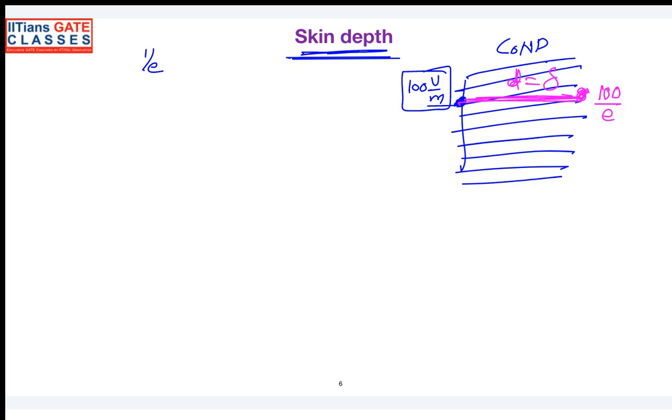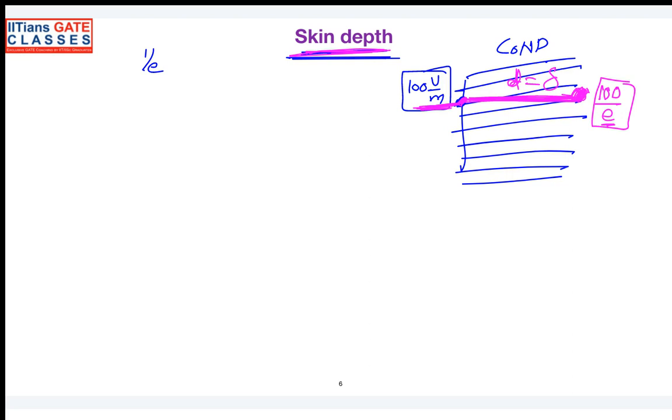So the skin depth represents the distance traveled by the wave inside a conductor such that your electric field at that point becomes 1 by E times of your initial field. Here your initial field is 100 volt per meter. After traveling 1 skin depth, the strength of the signal has become 100 divided by E. So that is how your skin depth is defined.